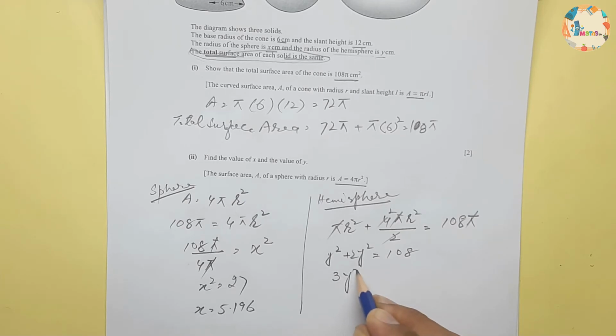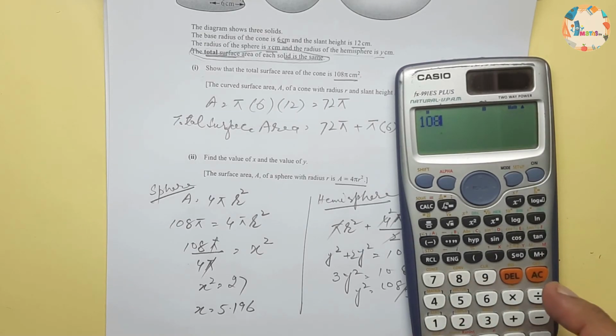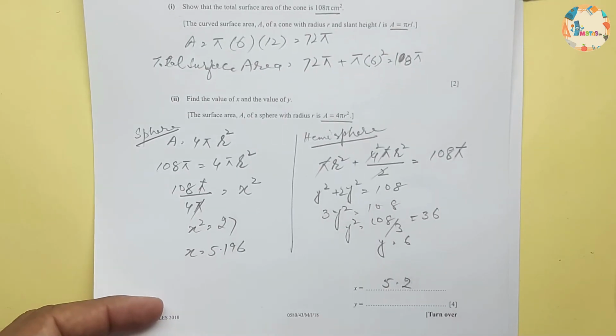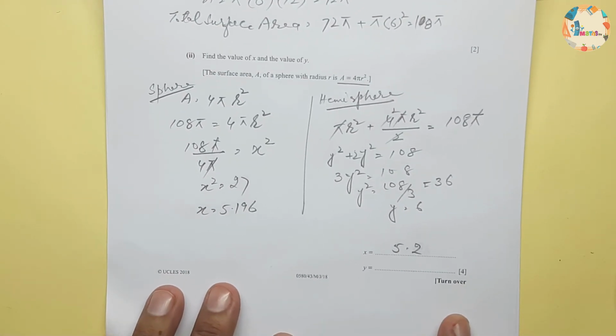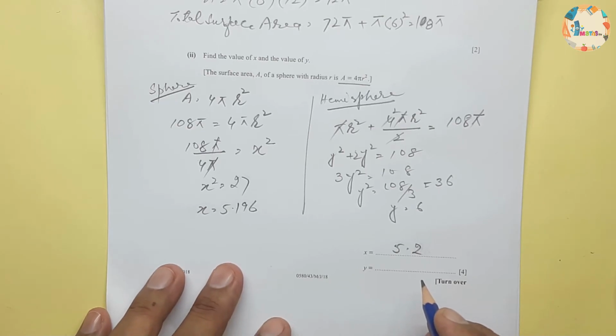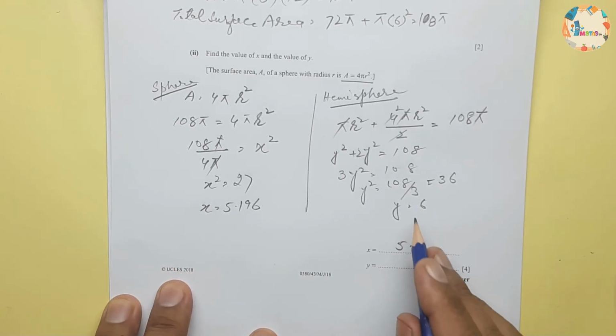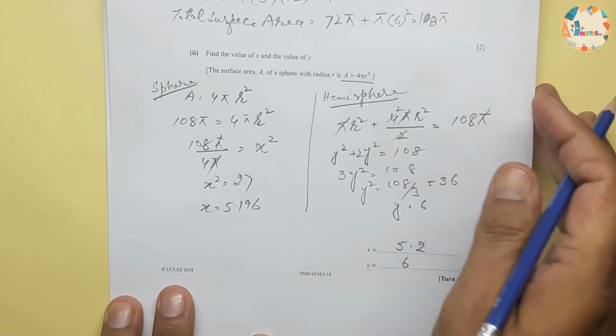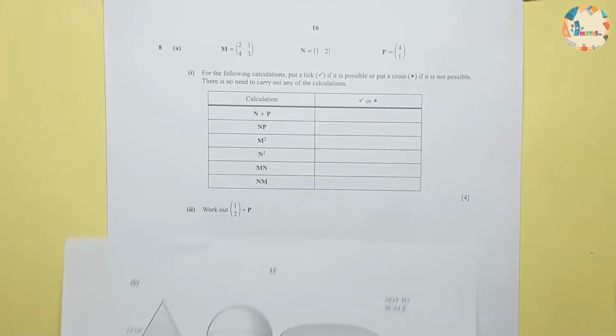So 3y squared is equal to 108, y squared is equal to 108 divided by 3, which is 36. It means y is equal to 6. Basically plus minus 6, but we are taking only the positive value because radius cannot be negative. So the y value will be 6.